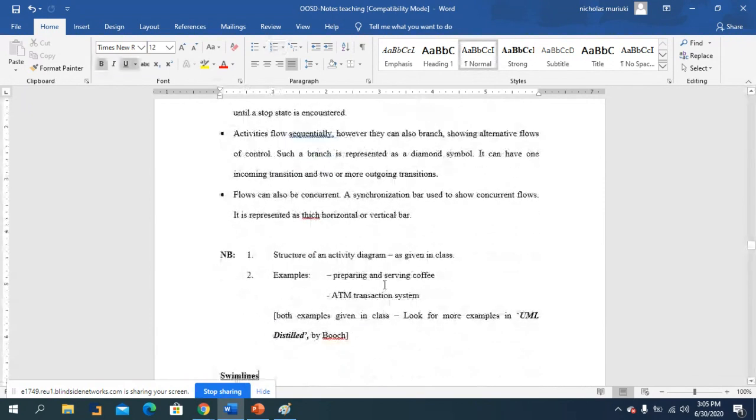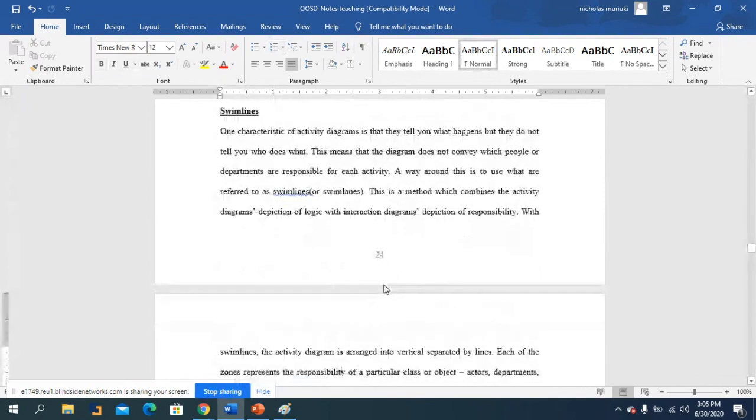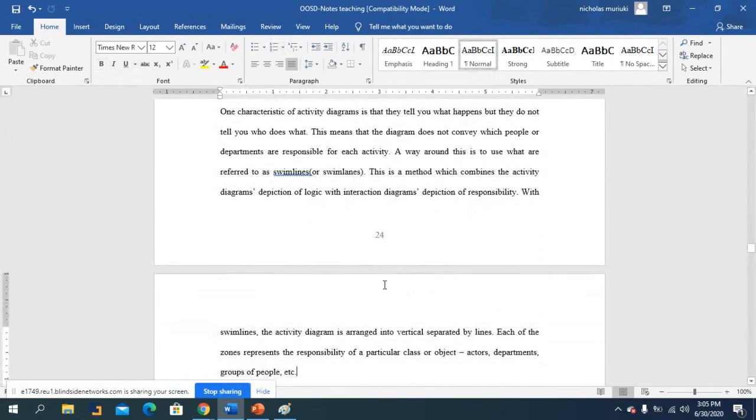Then after that, we looked at now the characteristics. We said maybe we can have some swim lanes where we can be able to move from one activity to another without loss of the content within the communication.